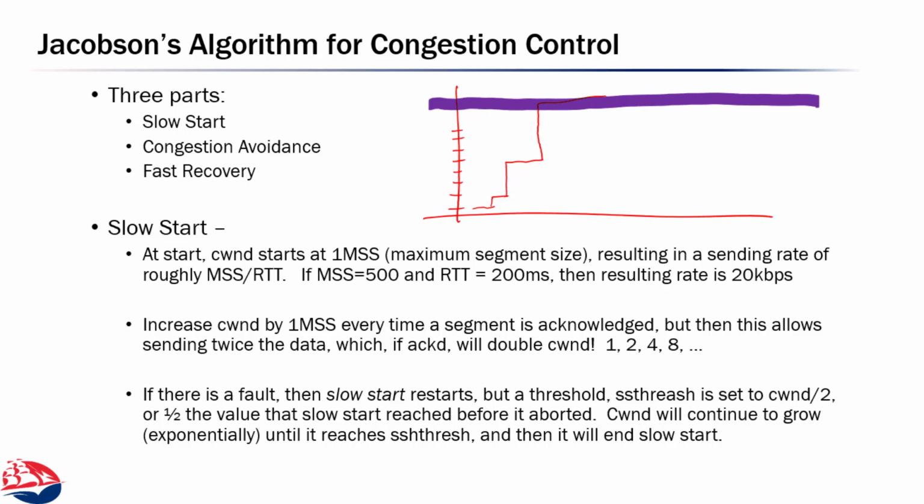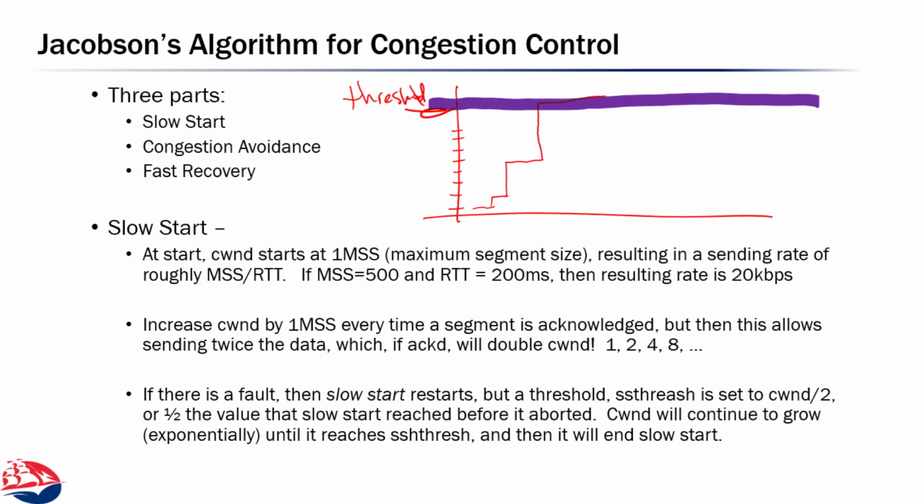And we're going to call that the threshold. Not sure why they would call it a threshold. Oh, I know, because it's a threshold. So this is the threshold that we're going to go up to in the future. We're not going to go above that for a while.